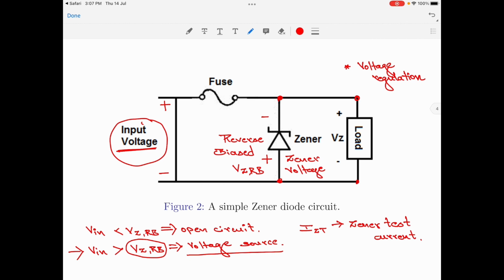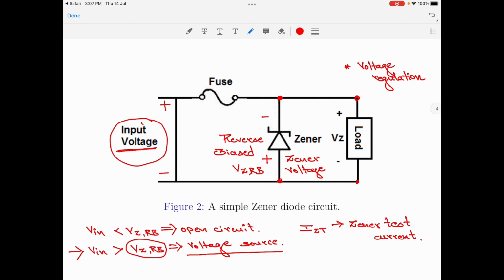If the voltage across the diode is lesser than its Zener voltage, then you treat it like an open switch. If the diode voltage is greater than its Zener voltage, then you need to recompute the circuit, but this time you mentally replace the Zener diode with a voltage source with a value equal to the Zener voltage.